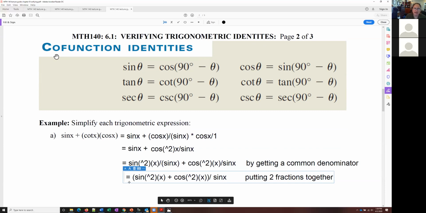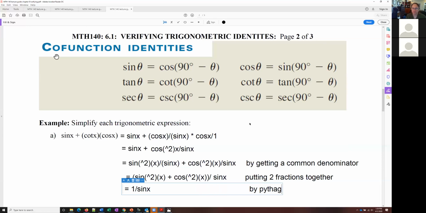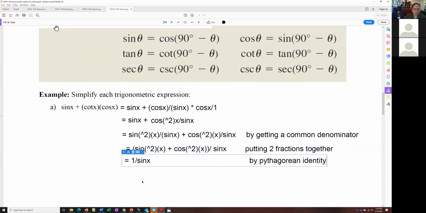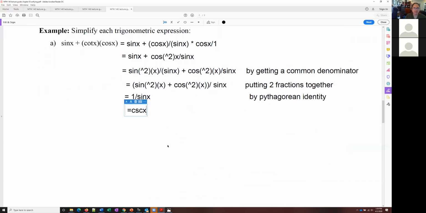The top of it is sine squared x plus cosine squared x. What do we know about sine squared x plus cosine squared x? We know that's equal to 1. So we have 1 over sine x. And we could write that as cosecant x. Does that make sense?